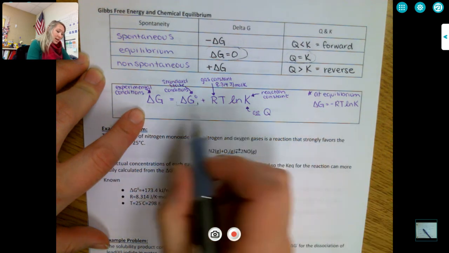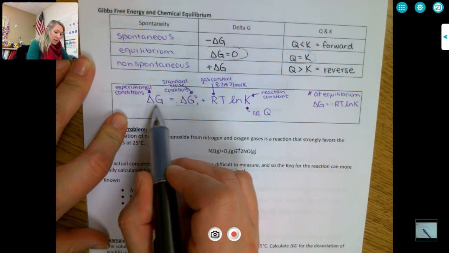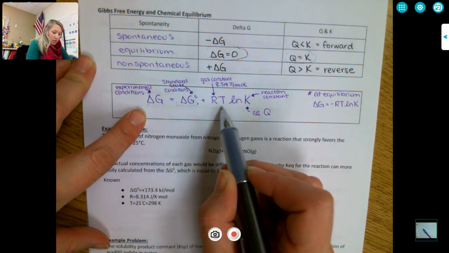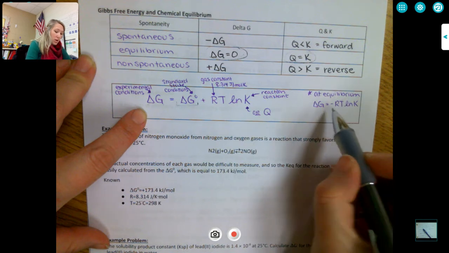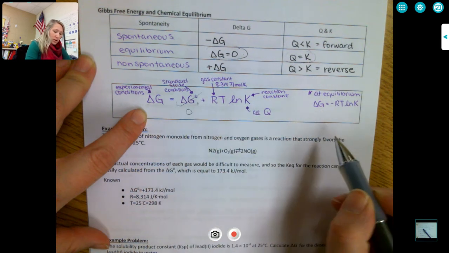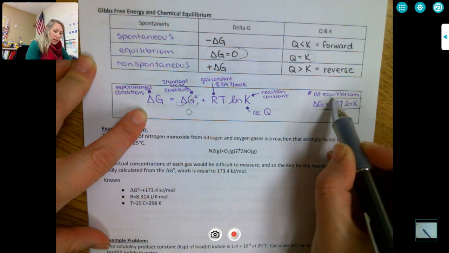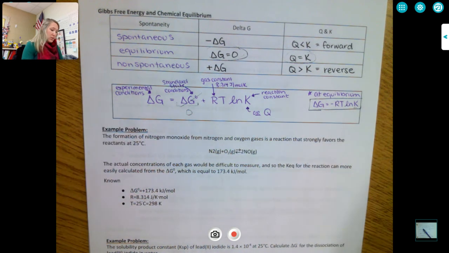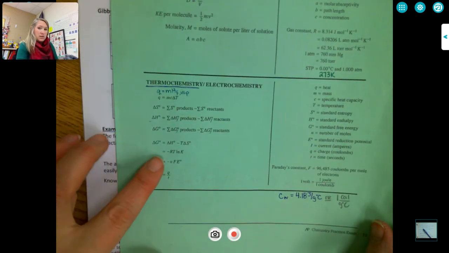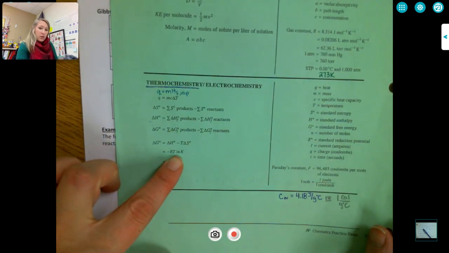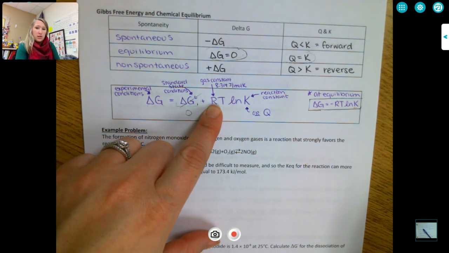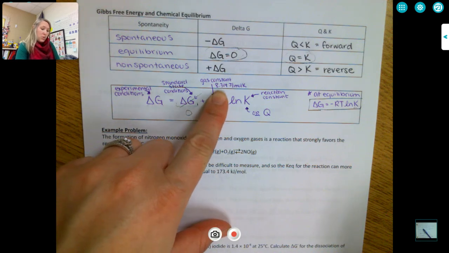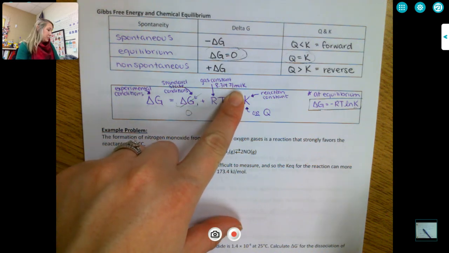Experimentally delta G is delta G naught plus RT ln of Q, but at equilibrium delta G is 0, so we get delta G naught equals negative RT ln of K, using K because we're at equilibrium. Again, this is another one of the formulas in your chart. Also important to note that R is our gas constant, 8.314 joules per mole Kelvin.